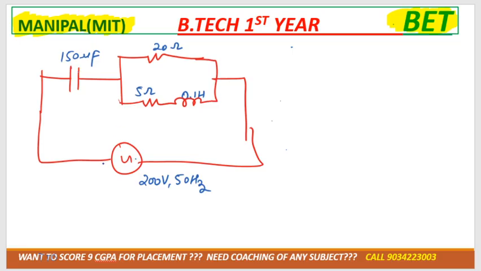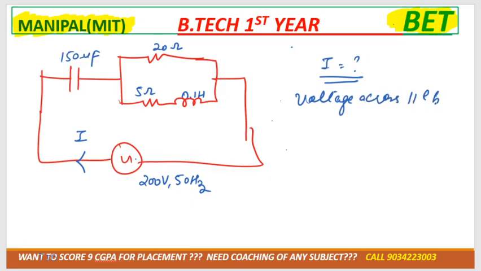They ask you to calculate the current I and the voltage across the parallel branch. So see how we can do this kind of question. This is from the 2019 ENDSEM paper.